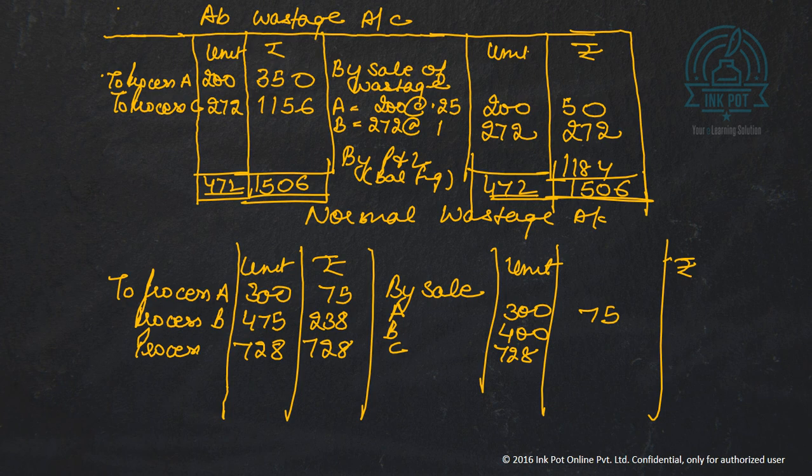Or you can show it like this also, 475. The value of 475 units was 238. This account will match 728, right?